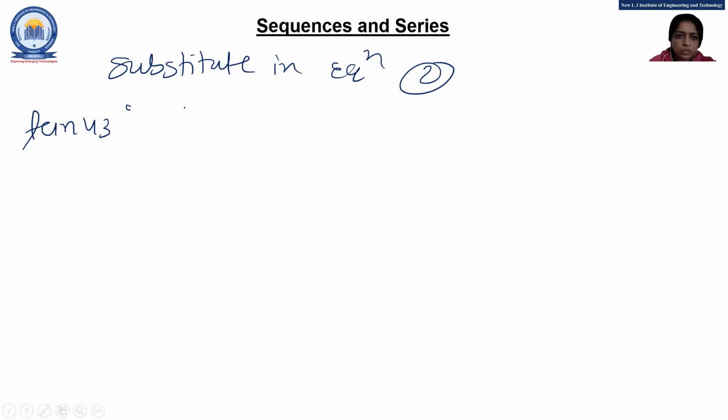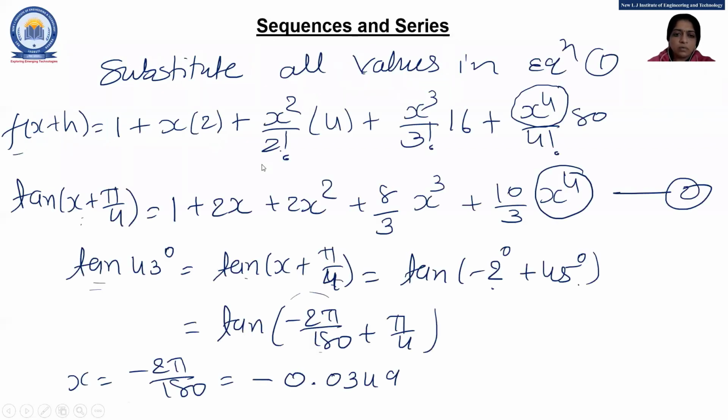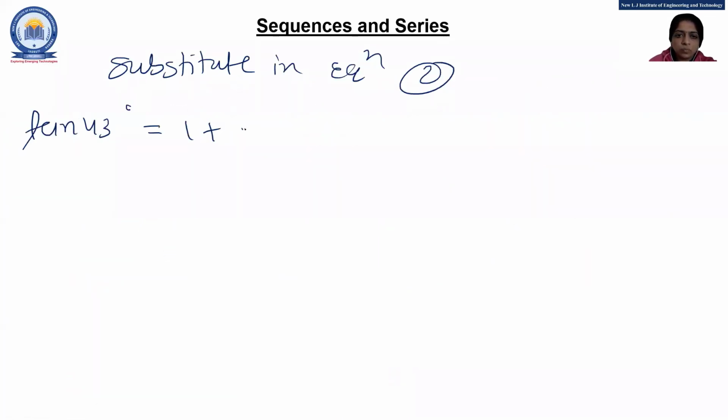So tan 43 degree is equal to 1 plus 2, and the value of x is what? Value of x is minus 0.0349. So 1 plus 2 into minus 0.0349 plus 2 into minus 0.0349 whole square.